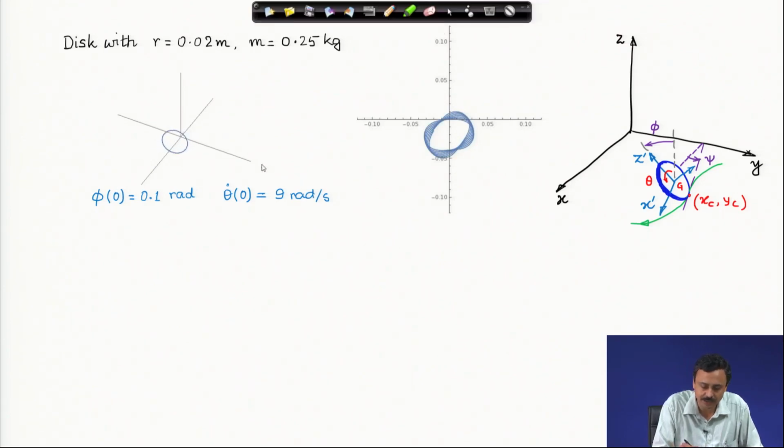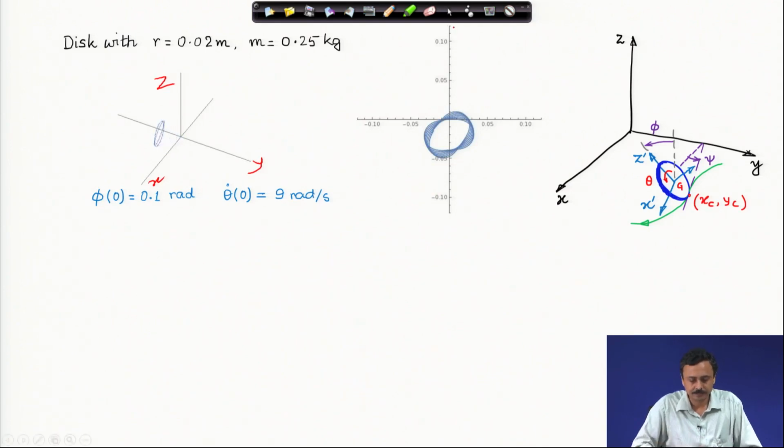This is our y axis, this is our x axis, this is the z axis. There is no energy dissipation, therefore this will keep moving, but you cannot observe this in reality, because there is always some dissipation, and after some time the coin will fall down.